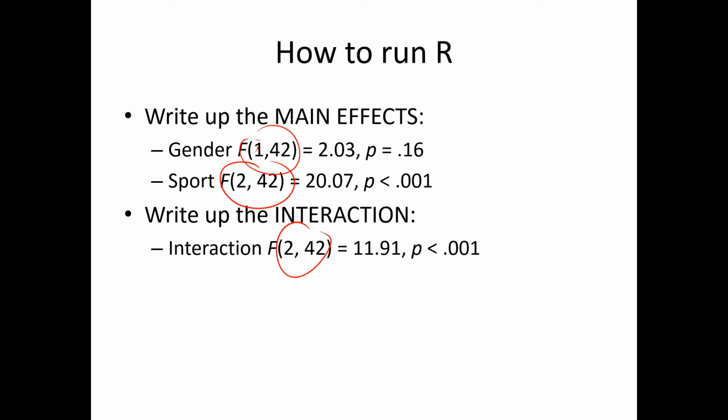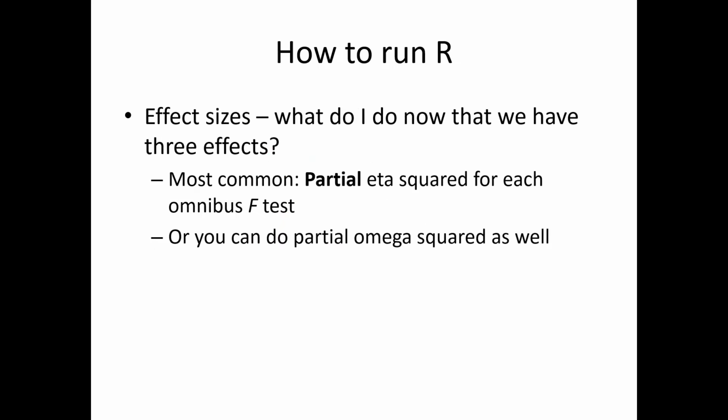So let me talk about effect size, and then I will move into what to do with these numbers. Since we have 3 effect sizes, I can't really use eta. Remember, eta is sum of squares model over sum of squares total. I could do that, but now I have 3 sums of squares.